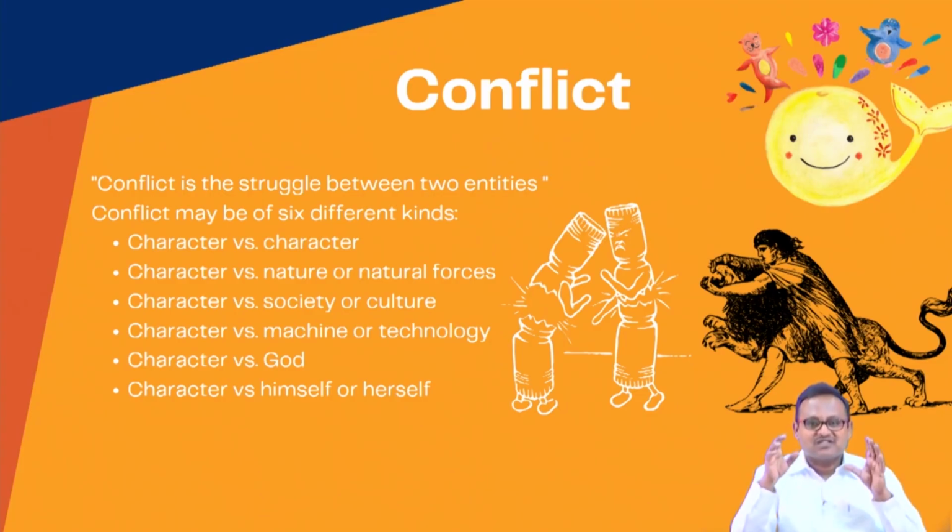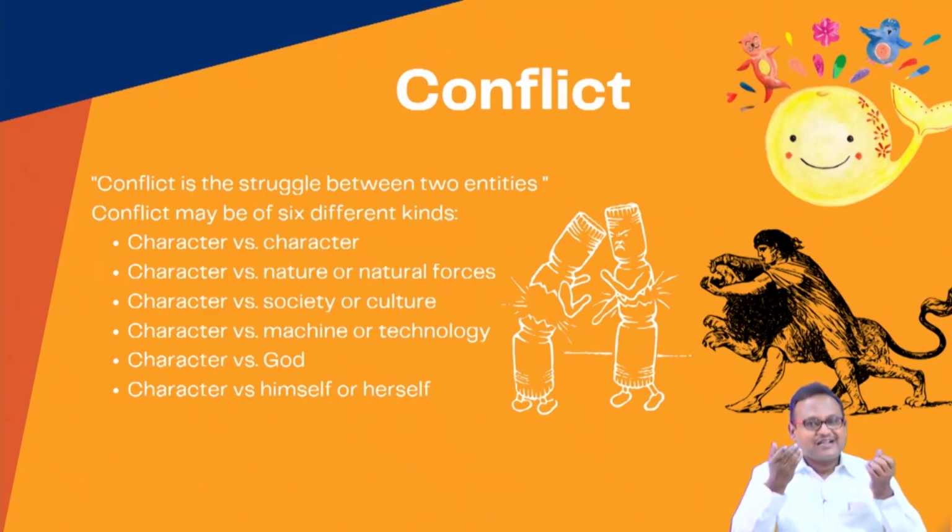If there are two forces, the force of the good and the force of the bad, it can be a conflict. Like in the Order of the Phoenix, you have Dumbledore's army and you have Voldemort's army. They stand for the forces of the good and the forces of the bad. So, the conflict takes place between them. This is called conflict.